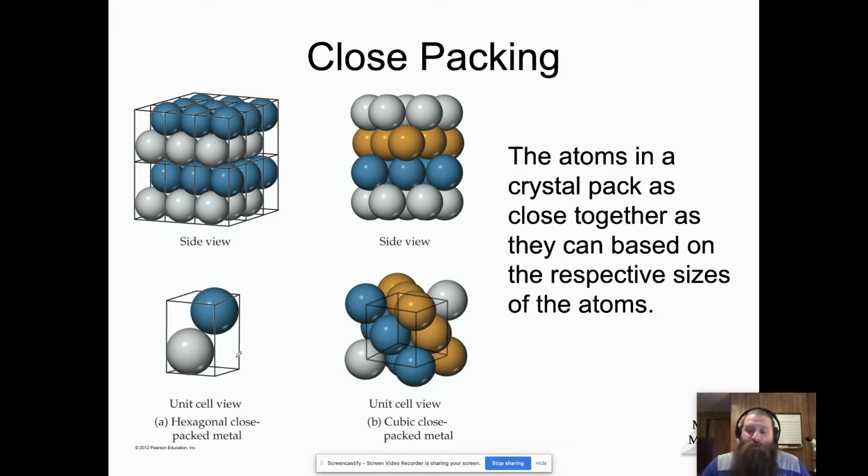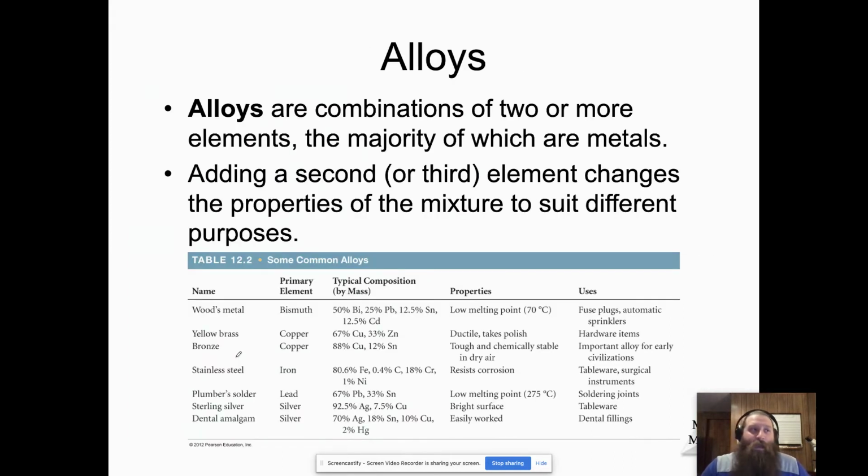Now, something that's interesting about packing is if you start to look at metals and you start switching out different metals and packing them together, then you can create an alloy. So an alloy is just a combination of 2 or more metals, or 2 or more elements, the majority of which have to be metals. And that's important because technically steel is an alloy.